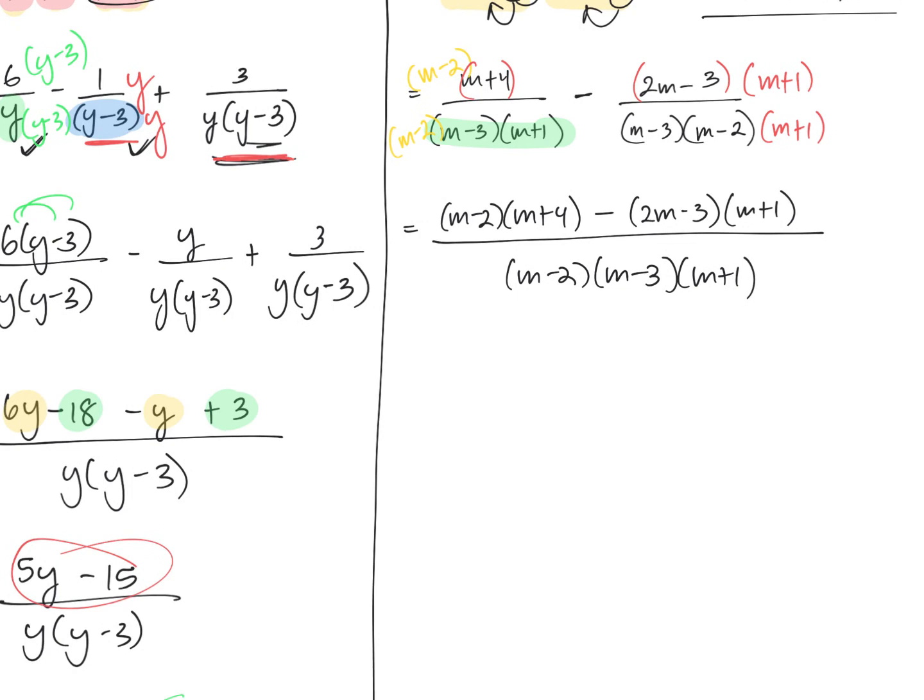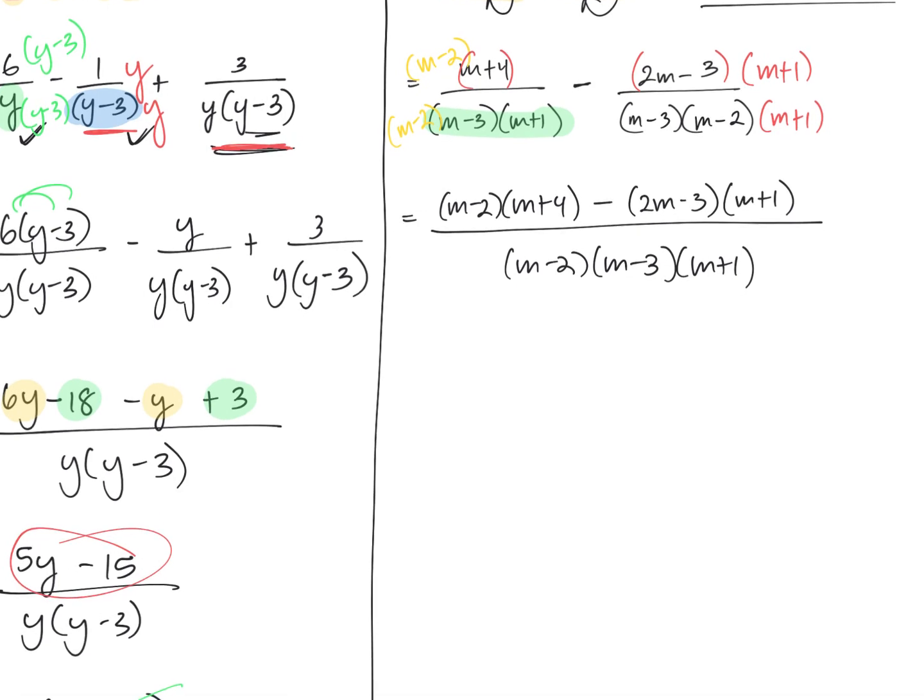Now, are we done? No, we haven't done the subtraction. And in order to do the subtraction, we need to FOIL out these guys. Doing the FOIL, first we'll get m squared, outside we'll get 4m, inside negative 2m, and last, negative 8. Now we're going to subtract from that, and be very careful here.